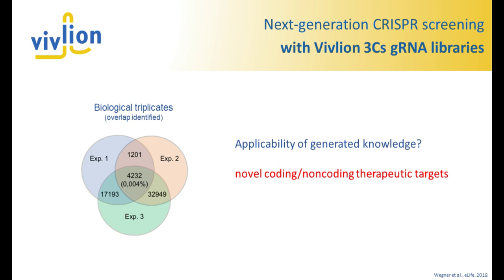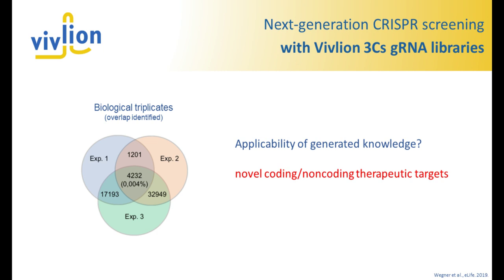We did this in biological triplicates, and we were able to identify an overlap of roughly 4,200 sequences. While the individual experimental overlap was fairly low, nevertheless we were able to identify experimental overlap. And of course now the question is, how is this knowledge that we generated here applicable?